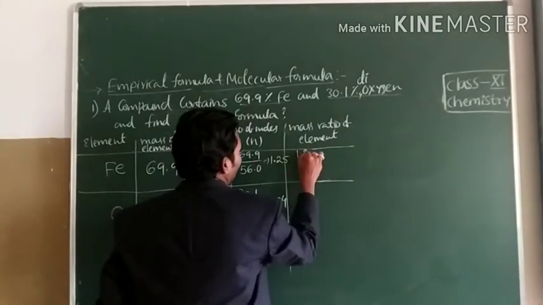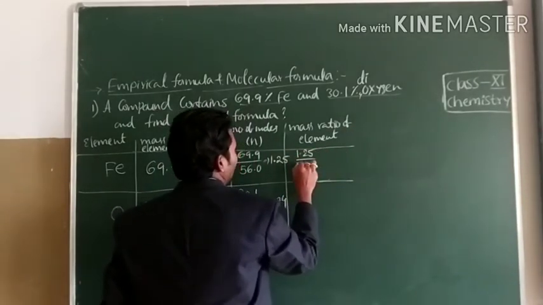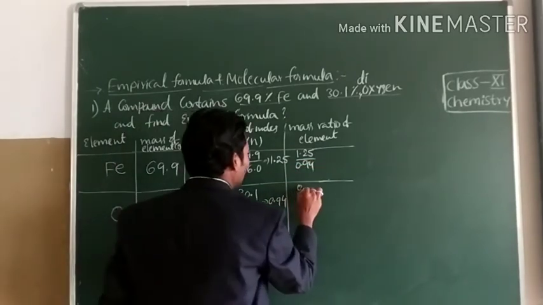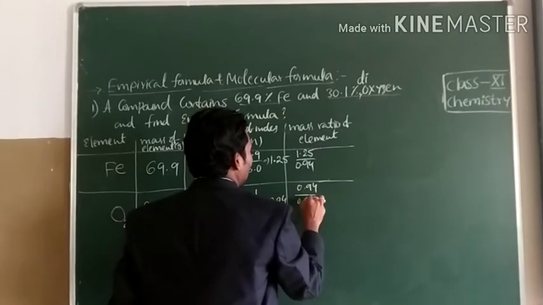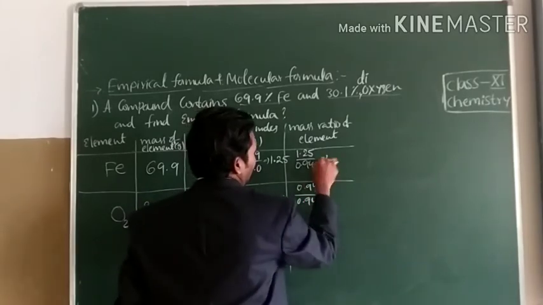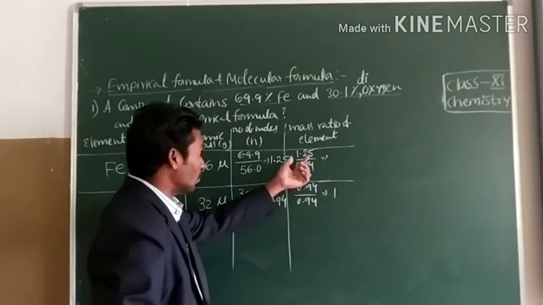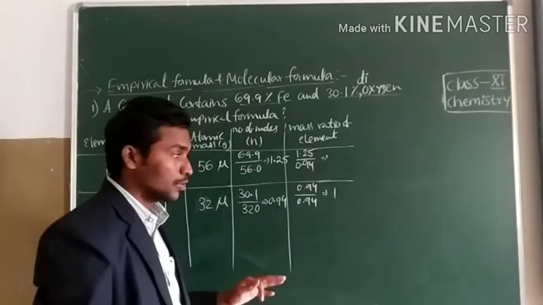So here 1.25 by 0.94, with the smallest value among themselves. Here 0.94 by 0.94 is equal to 1. Here 1.25 by 0.94, how much do we get?